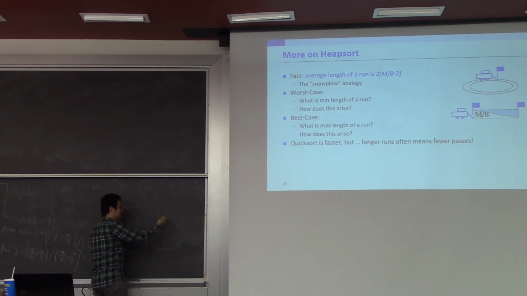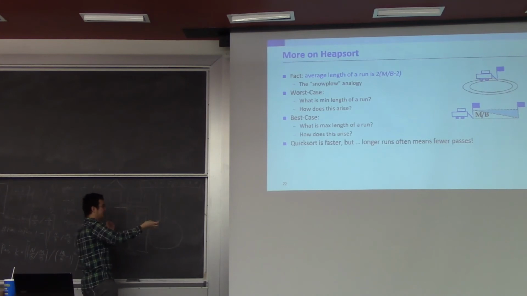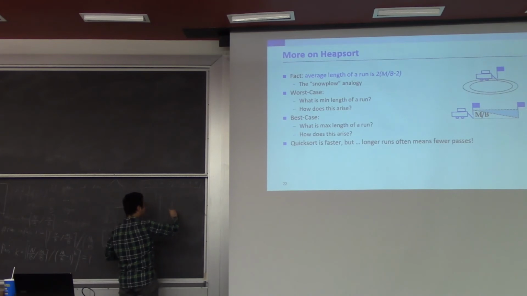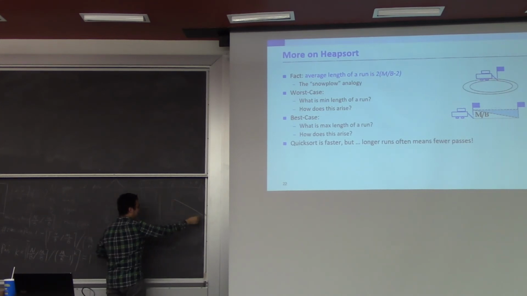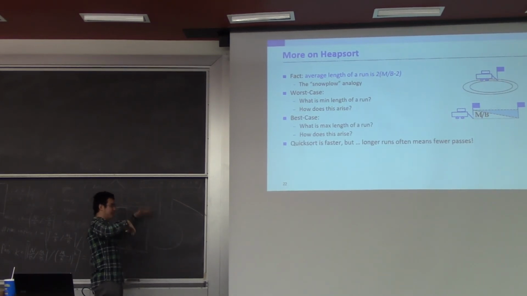You don't have snow here because it's removed, but you have a lot of snow behind it, right? So if you cut the track and expand it into a line and plot the amount of snow as a triangle against the track, it looks like this. This is behind the snowplow, and this is just in front of the snowplow, right? So every time you move ahead, the snow is still accumulating on the track.